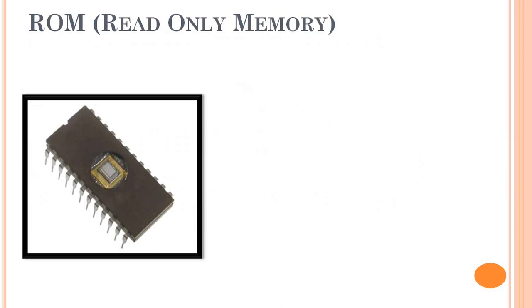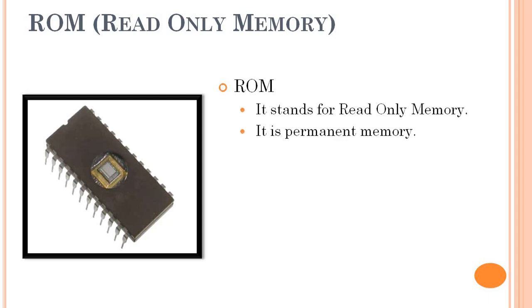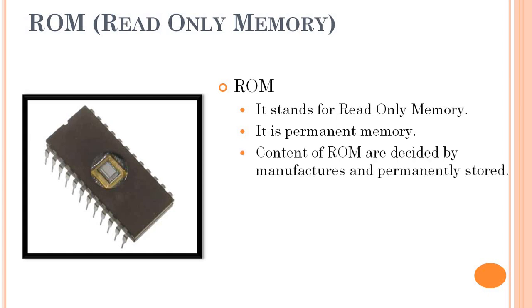Second type of primary memory is ROM, read-only memory. The full form is read-only memory. It is permanent memory. This means the contents which are stored in ROM will not be lost. The contents of the ROM are decided by the manufacturer and permanently stored.